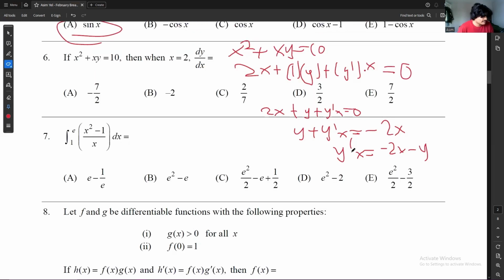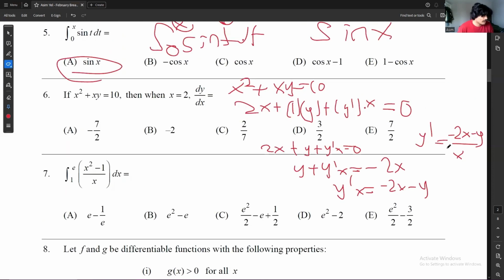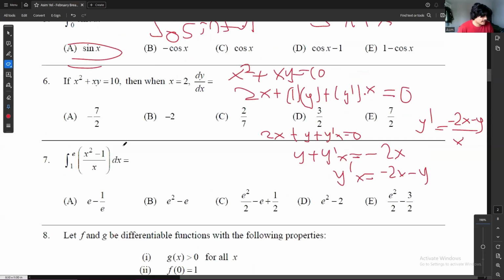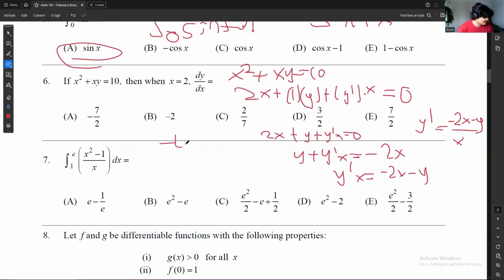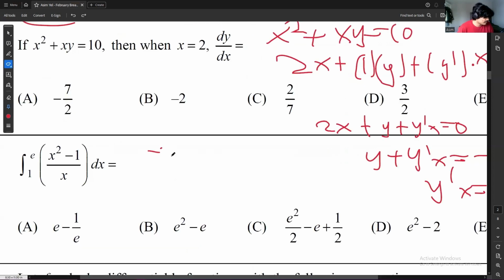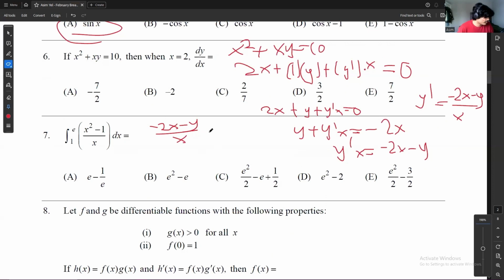And now I'm going to divide everything by x. So I'm going to end up with y prime, which the question was asking for, equals negative 2x minus y, divided by x. Let me write this over here: negative 2x minus y over x equals y prime.